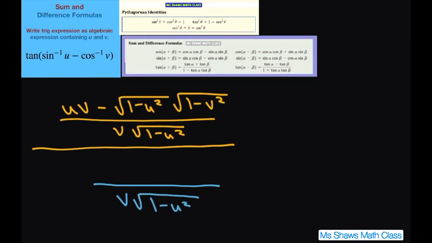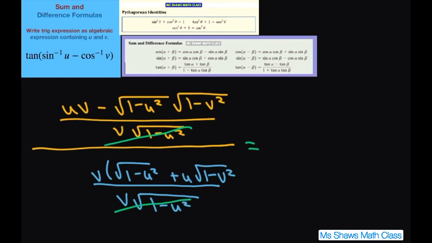When you do the butterfly method, you get v times the square root of 1 minus u squared plus u times the square root of 1 minus v squared. Since these denominators are the same, you can cross those out.